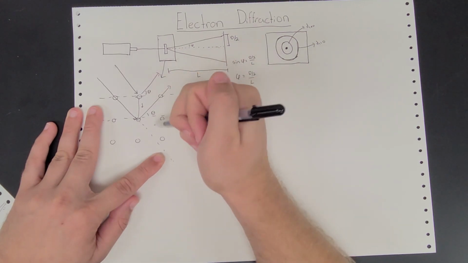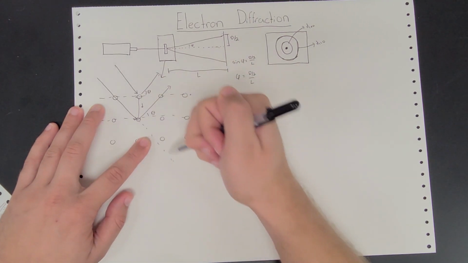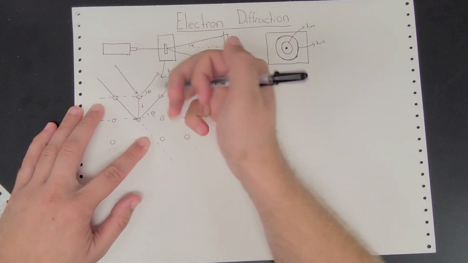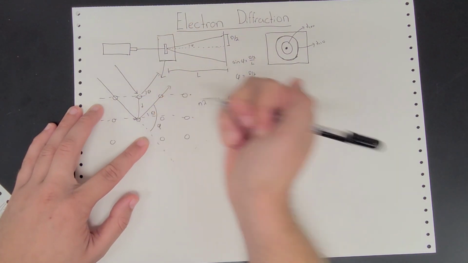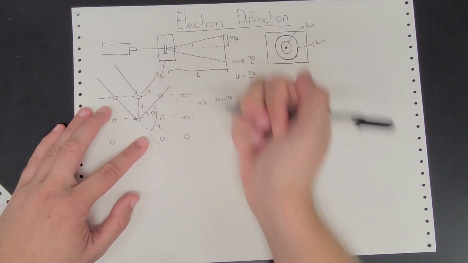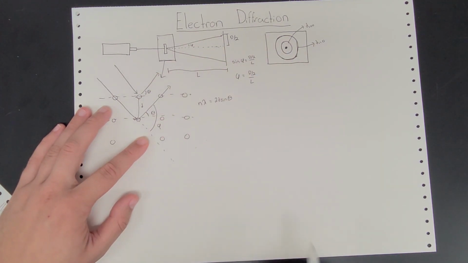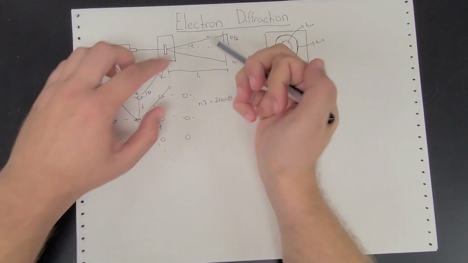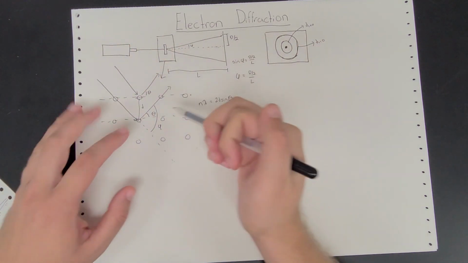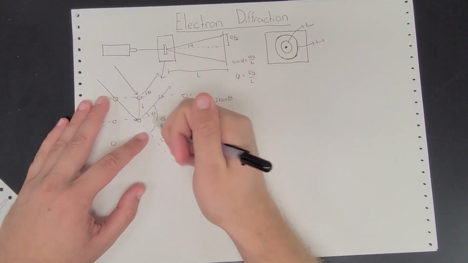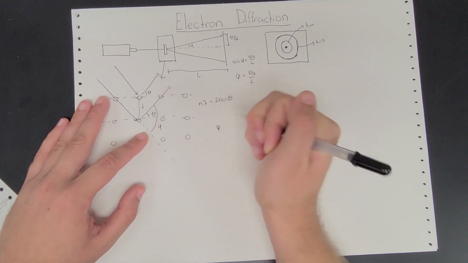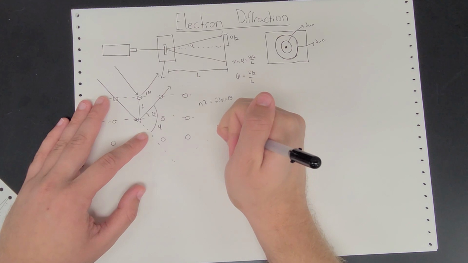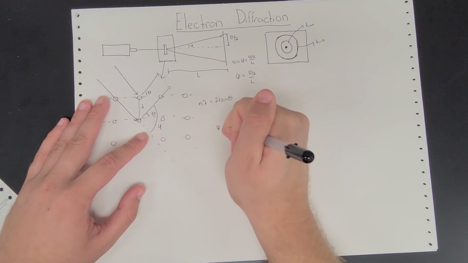So the angle between the line of electrons that just passes through and our reflected beam is going to be our phi. So this is theta, and that's phi. This phi that I've drawn here is the same as this angle phi here. And you can see from this picture that phi is going to be equal to 2 theta.